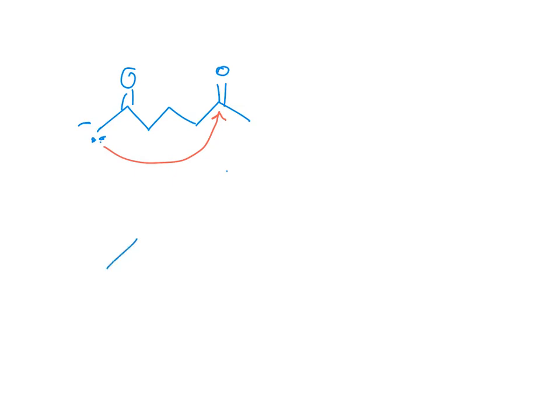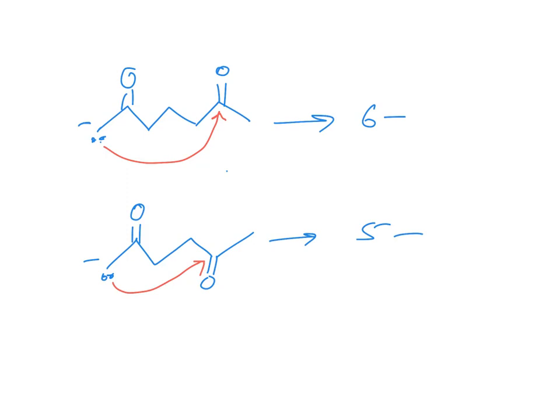Or if we had that even 1 smaller, again, we could form an enolate here, and that could form a 5-membered ring. So this would be 6-membered. This would go to a 5-membered ring. Okay? So there's a few different options there.